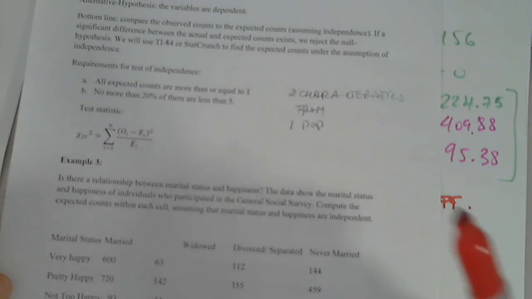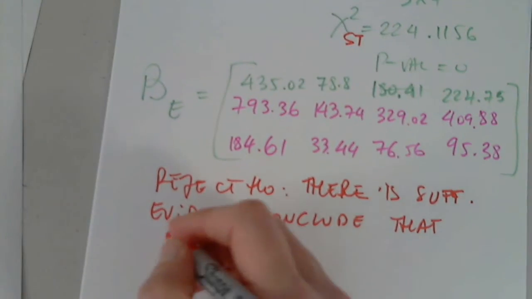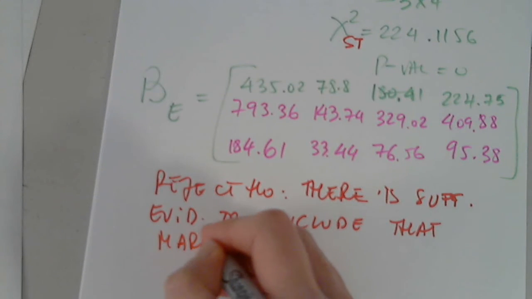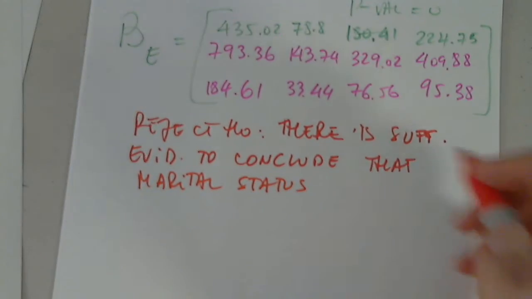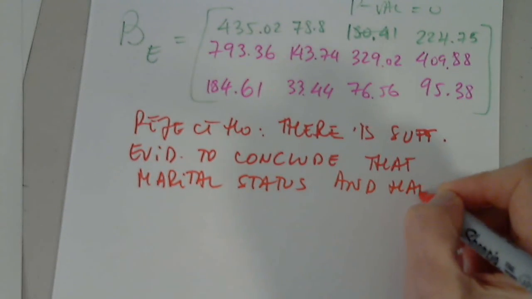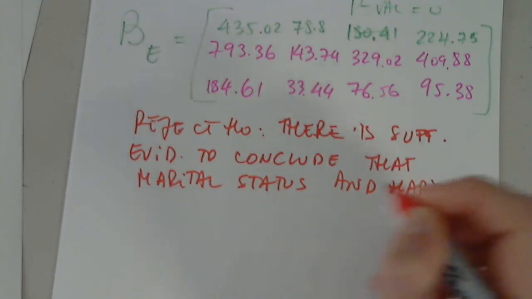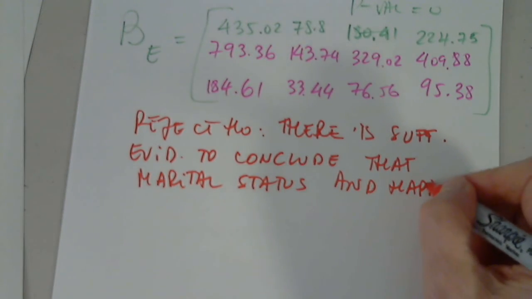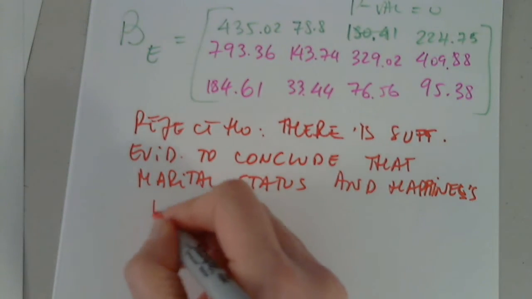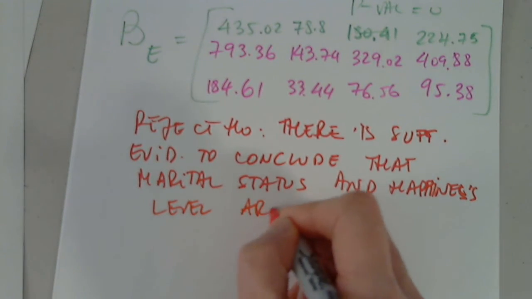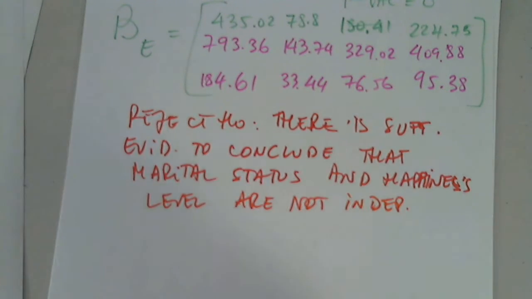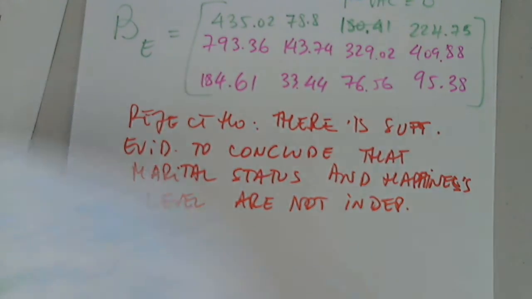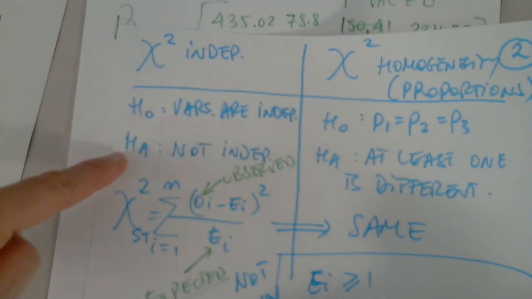Marital status and happiness level are dependent, are not independent, based on this sample. Okay, so that was an example of the chi-square test for independence.